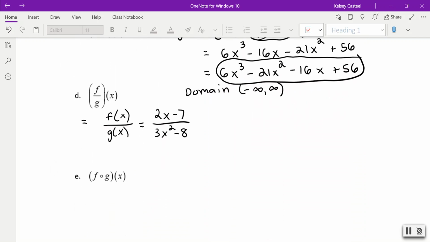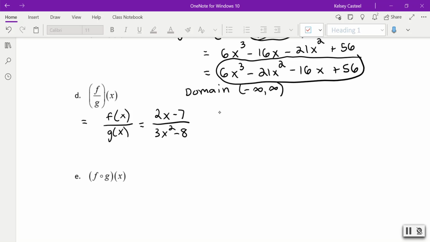In terms of simplification, the only thing that we could do here is potentially factor out a common factor of the numerator and denominator. However, the numerator is degree 1, so we can't factor 2x minus 7 into anything interesting, so we won't be able to simplify this any further.